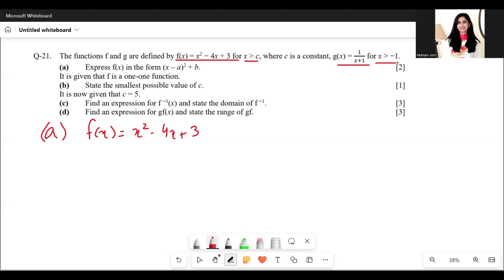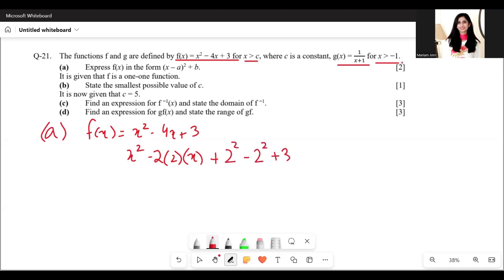To change it into completed square form, I'm using the identity method, a² − 2ab + b². Now this is a and this would be b. So we'll have to add 2², and then we'll also have to subtract it.